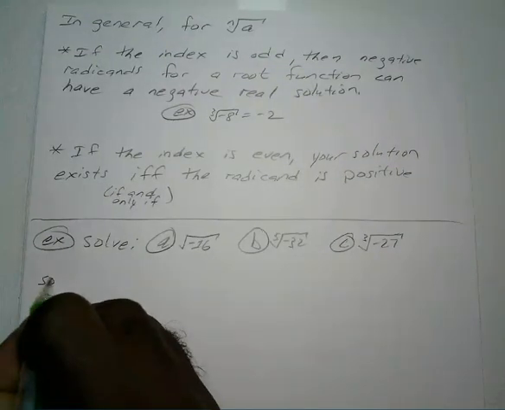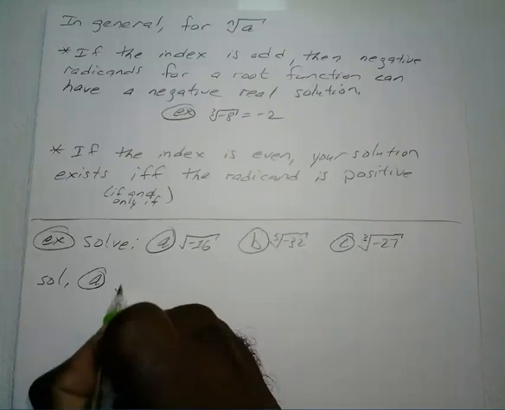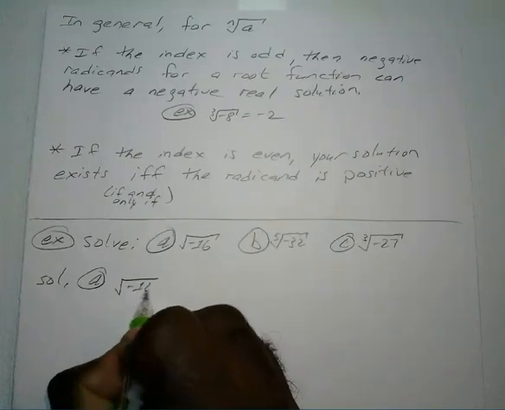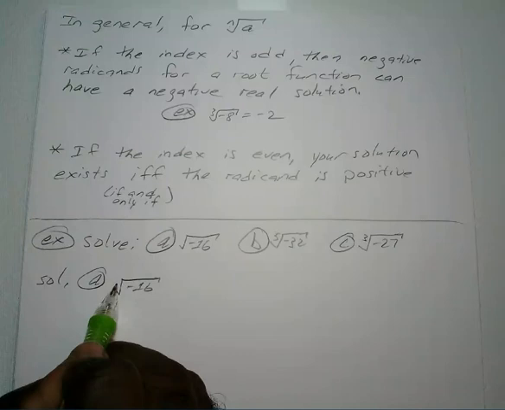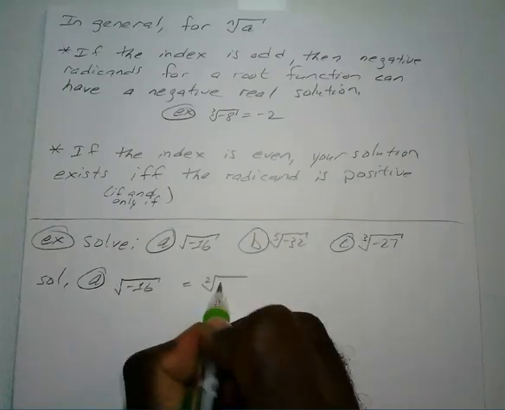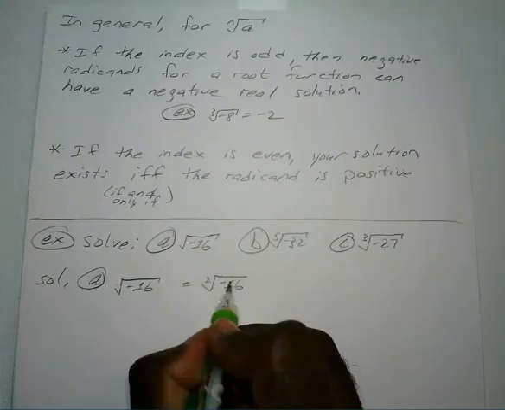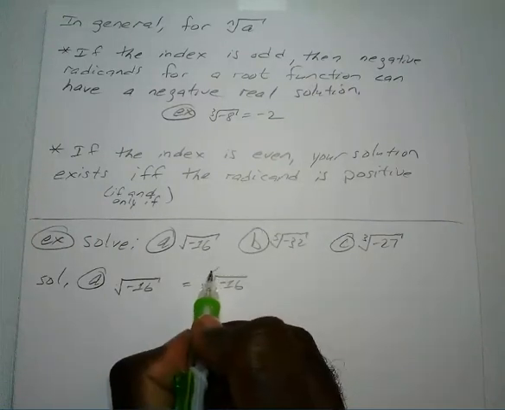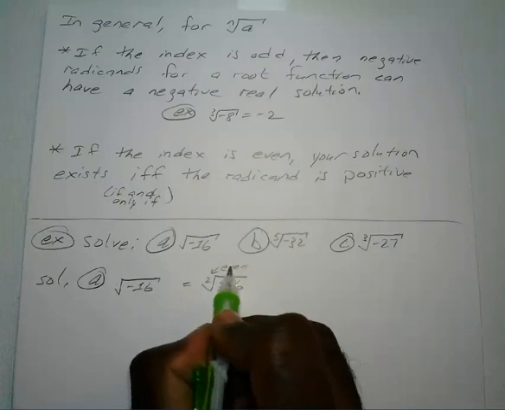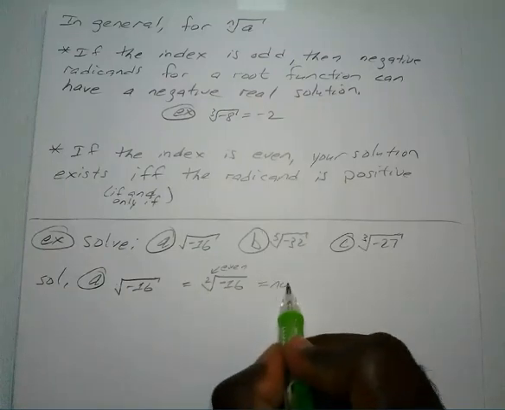Okay, for problem A, the square root of negative 16, when there's no index, we automatically assume that there's a 2, which means we have an even index. With an even index, your radicand cannot be negative. So you have no real solution.